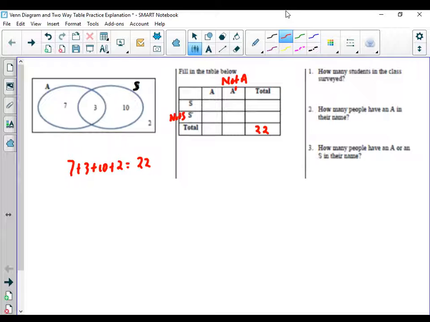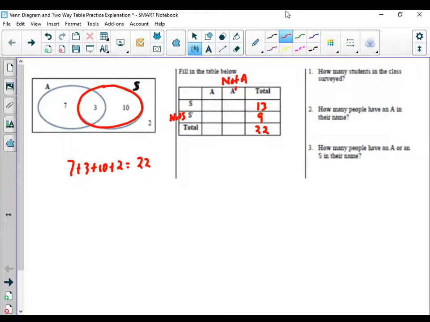Let's look at some of the other totals we could label. Let's start with the S's. If we look at the people that had S's, we would look at this entire circle. All the numbers inside that circle are the 3 and the 10. So we had 13 total that had S's, which means there had to be 9 that did not have an S, because we know the total there should be 22.